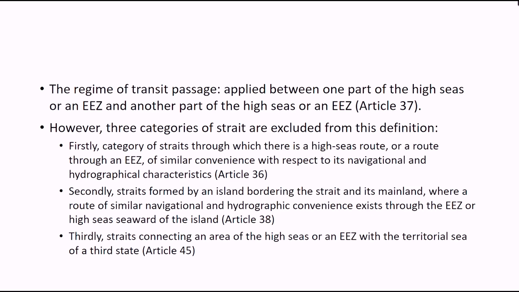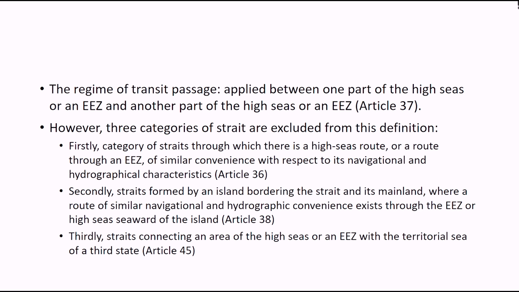So, the first category would be a category of straits through which there is a high seas route or a route through an EEZ of similar convenience with respect to its navigational and hydrographical characteristics. If there is a disturbed sea which is an alternative route, in that scenario also the strait can act as a transit passage.